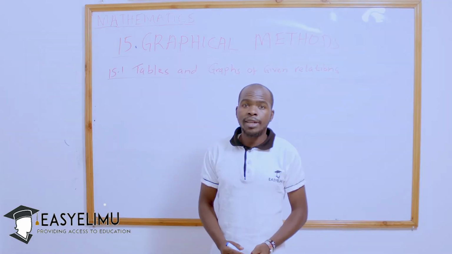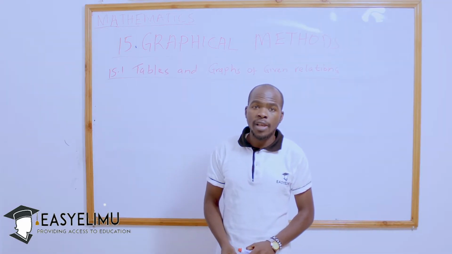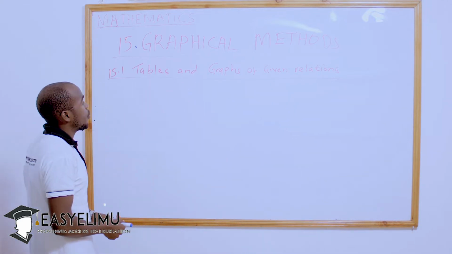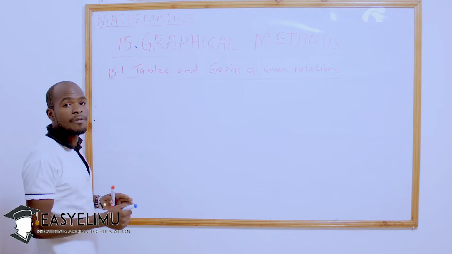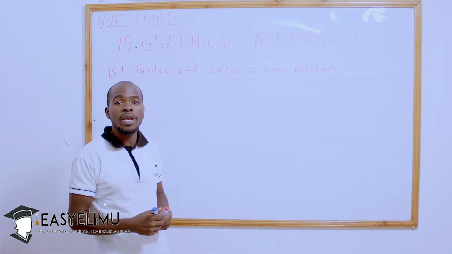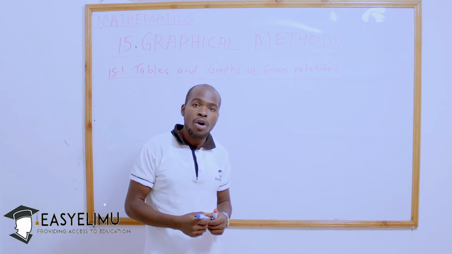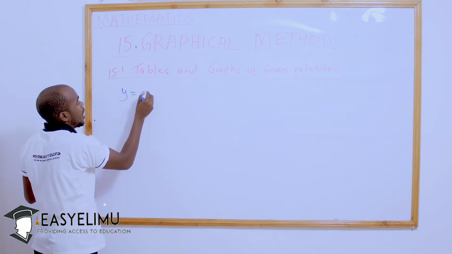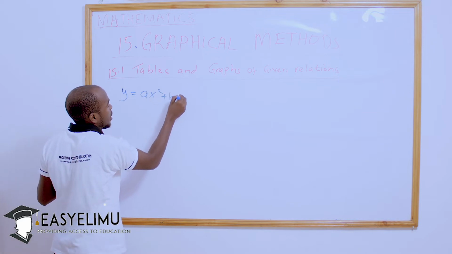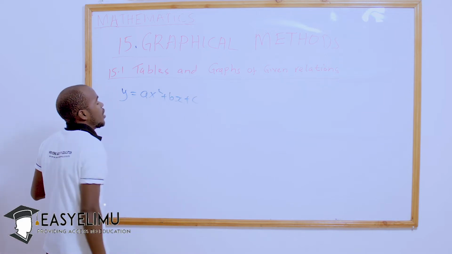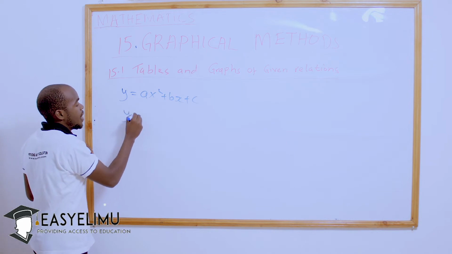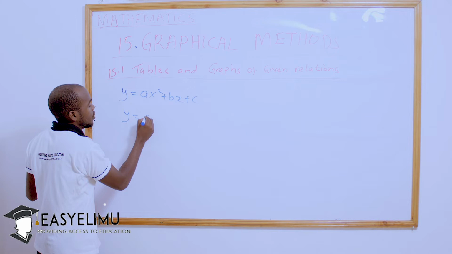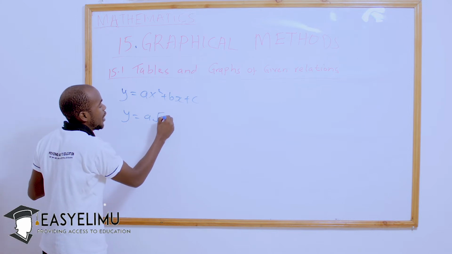Welcome. We shall introduce by looking at tables and graphs of given relations. In graphs, we have different kinds of graphs. You may be given a graph of a quadratic equation, maybe ax squared plus bx plus c, or you may be given another one containing a square root, a times the square root of x.